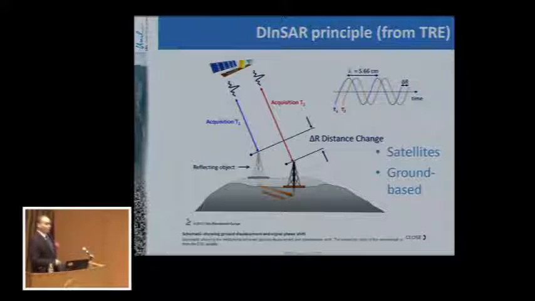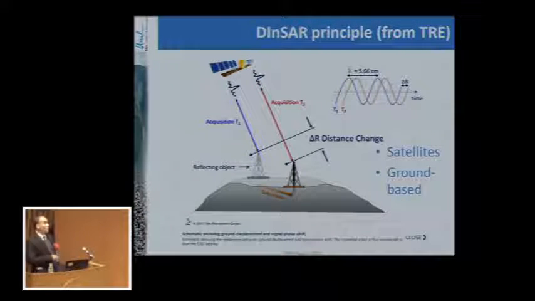Another very important advance in those last 20 years was discovered by Vassonnet, a Frenchman, who started to work with differential InSAR, which is the synthetic aperture radar from satellite. If you compare radar images, then you can have a look at the displacement.